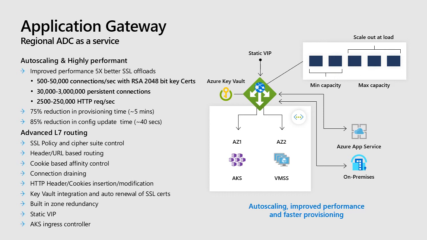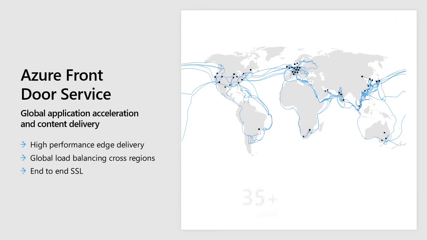So you can do advanced layer 7 routing based on several aspects such as SSL, header, cookie-based affinity, control, connection draining, and so on and so forth. It depends on how you want to control traffic, or redirect traffic, depending on the type of traffic that's coming in. You can redirect traffic, for example, to virtual machines, AKS, different Azure zones, etc.